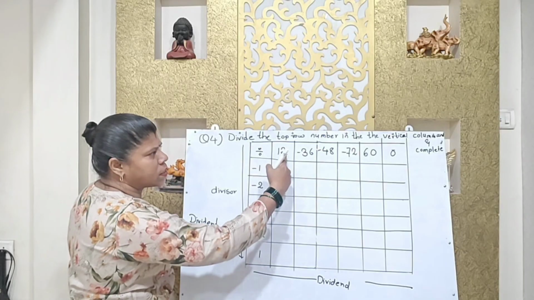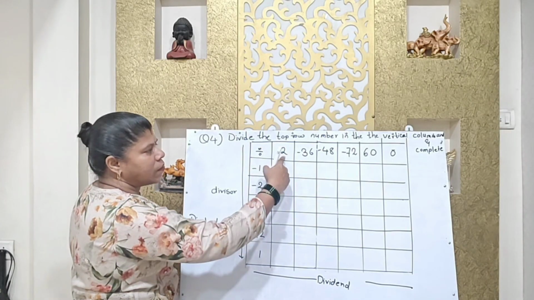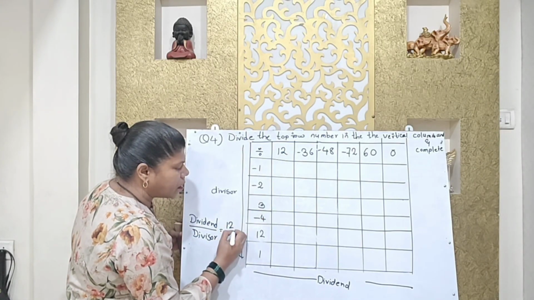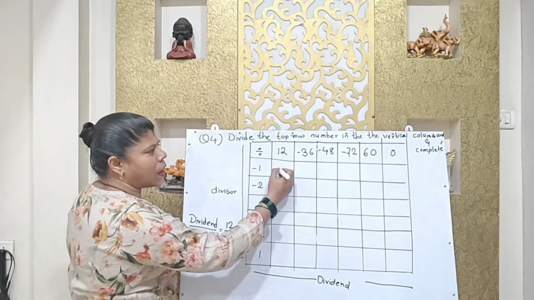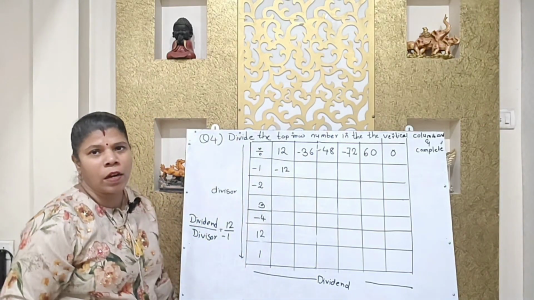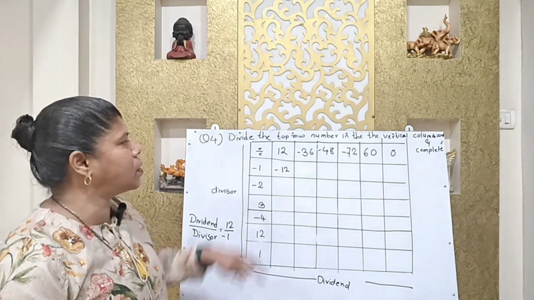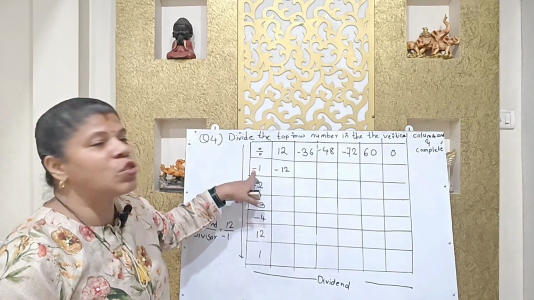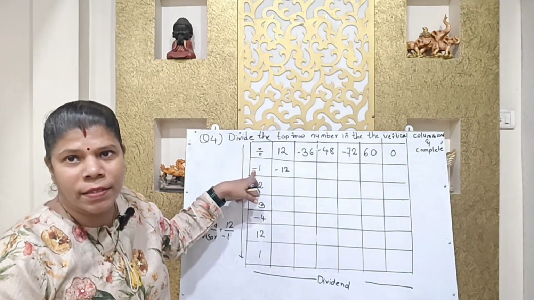Same simple, first number take from here, divisor is 12, dividend is minus 1, answer will be minus 12. When we divide any number by minus 1, the answer will be that number only. Just consider the sign and then write the sign.